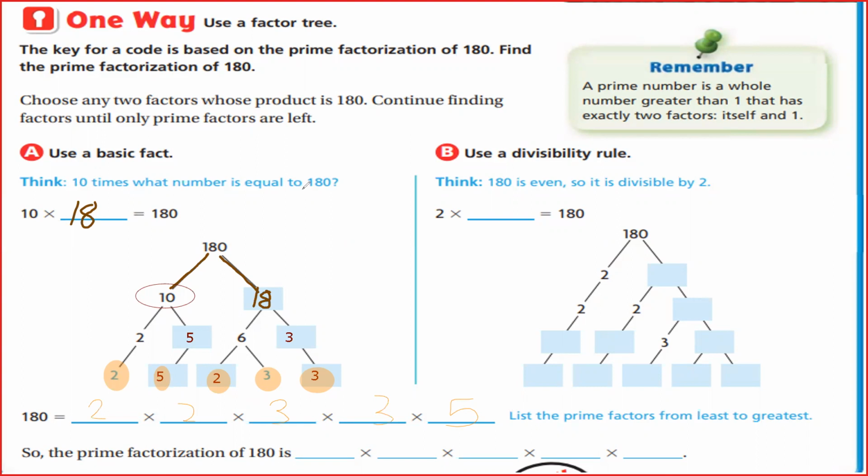Is it even or odd? It's 0, and 0 is even. If the first digit of any number is even, that means it can be divided by 2.